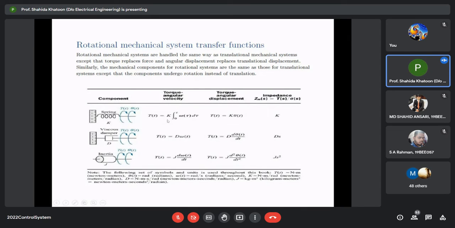T(t) is given by k integral 0 to t, omega d tau, theta. Omega is the angular velocity and theta is the angular displacement. So T(t) is equal to k theta(t) and the impedance is k.